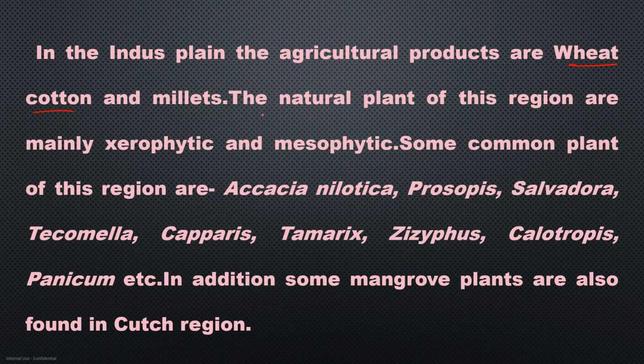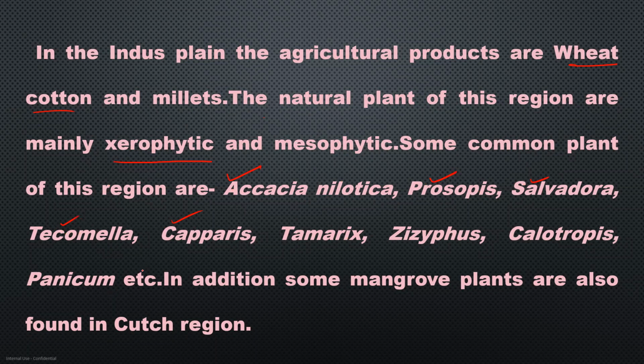The natural plants of this region are mainly xerophytic, that means they are adapted to grow in arid conditions, and mesophytic. Some common plants of this region are Acacia, Prosopis, Salvadora, Tecomella, Capparis, Ziziphus, Calotropis. Please remember these names.